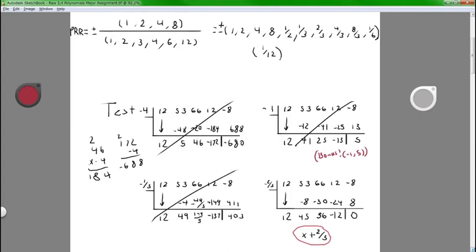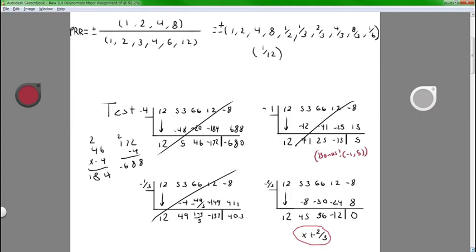Now I'll show you the one I got correct. When I finally did, it was -2/3, because if you multiply that by 12, you get -8. Subtract 8 from 53, you get 45. 45 times -2/3 gives you -30. And then you subtract 30 from 66, you get 36. Then multiply that by -2/3, and you get -24.